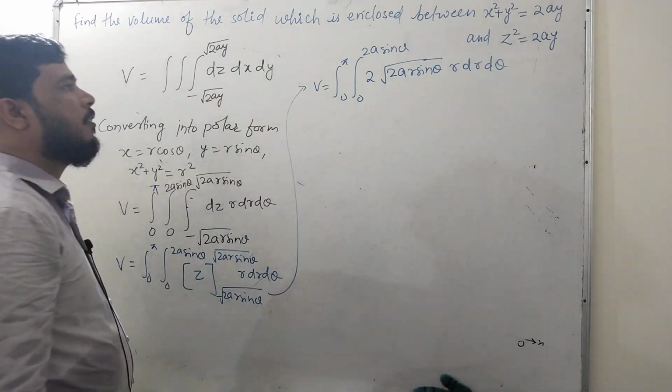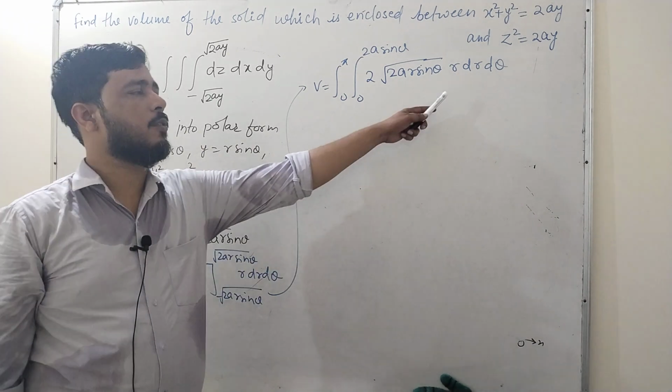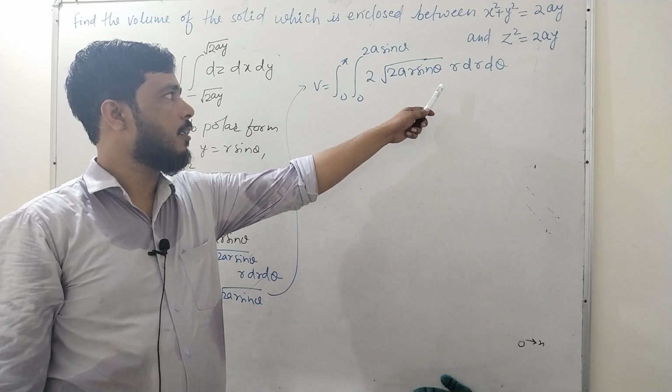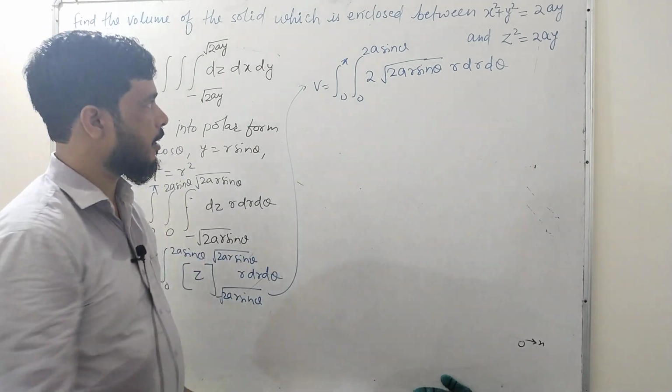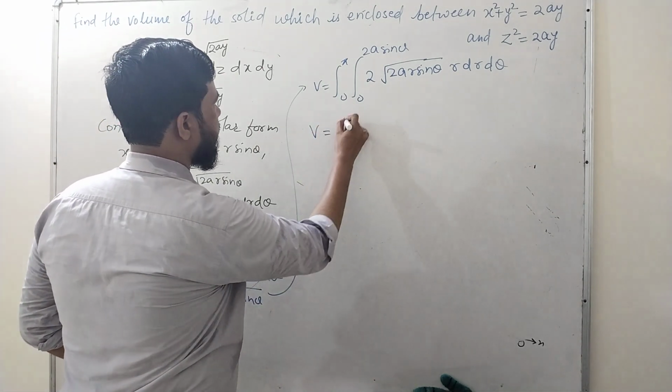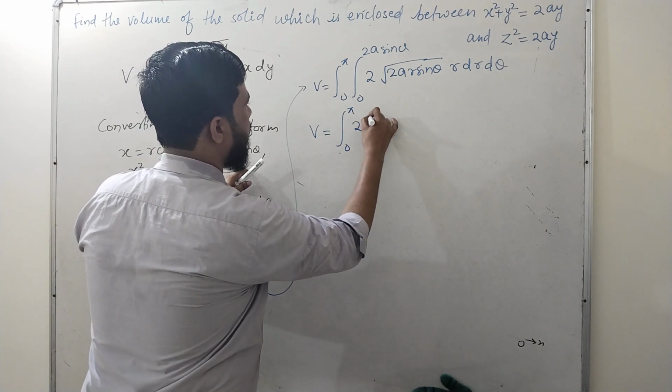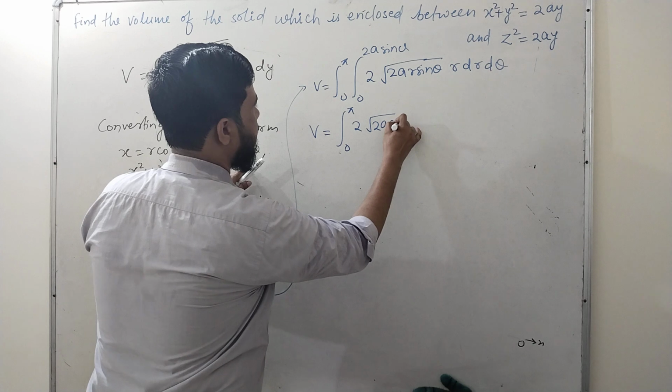Now we will integrate with respect to r, and when we integrate with respect to r, sin θ will be constant, so the constant will be taken out of the integration.